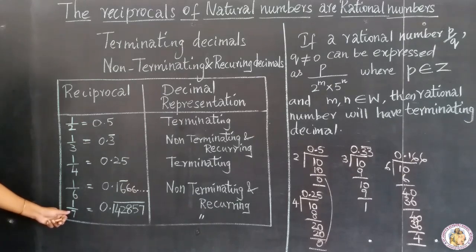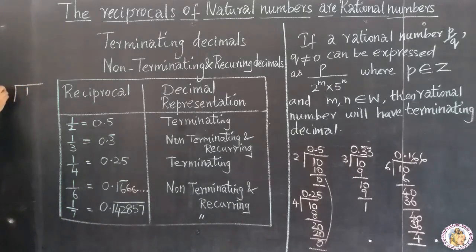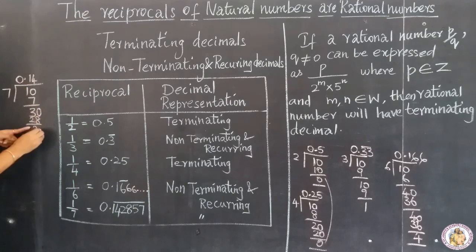And again 1 divided by 7. So 0, keep the decimal, add 0, 1 7 is 7, remaining 3. Okay, add 0. 7 4s are 28. Remaining 2. Add 0. 7 2s are 14. 20 minus 14, 6.